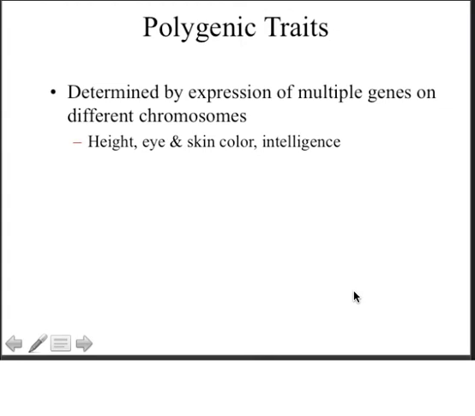As a result, you don't get simple mathematical ratios for distributions in live births when we're talking about polygenic traits. Instead, what you generally see is a normal distribution, a bell curve, where you have very few of the extreme manifestations of a particular trait, and the bulk of live births exist in the peak of the bell curve.